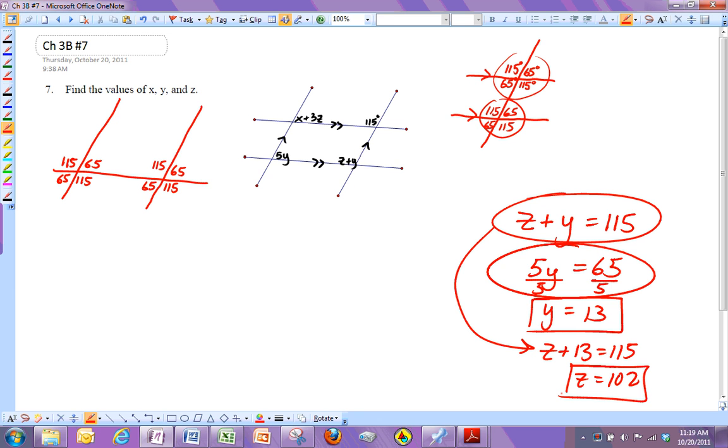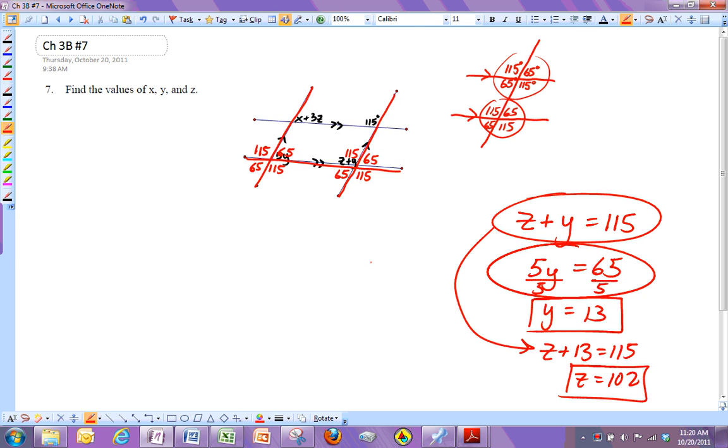I can do the same logic one more time. Let me erase some of this just to clean it up a little. Now I can draw this parallel line with the bottom. These two are parallel to each other.